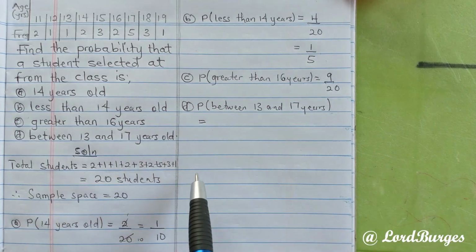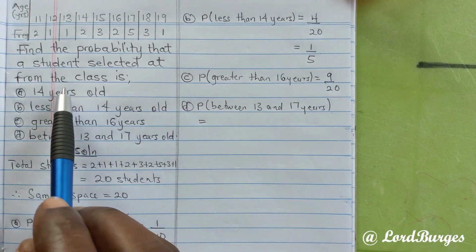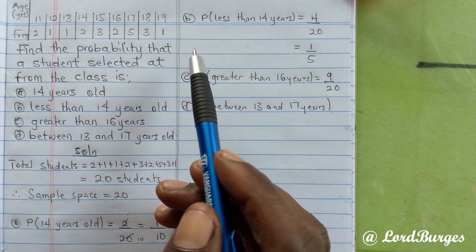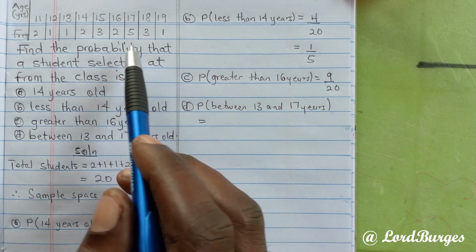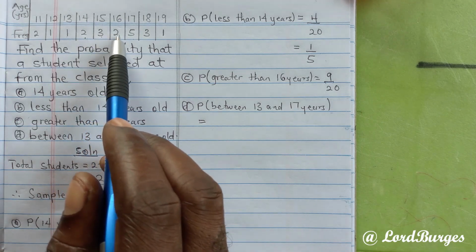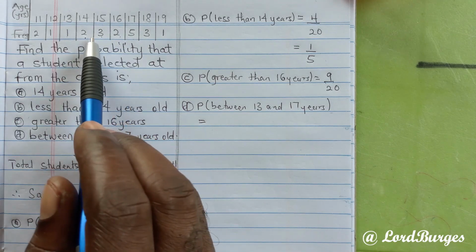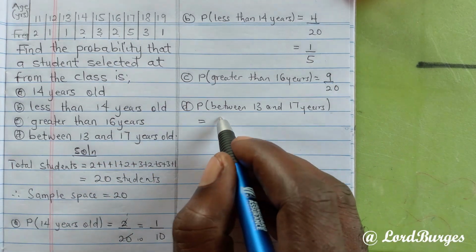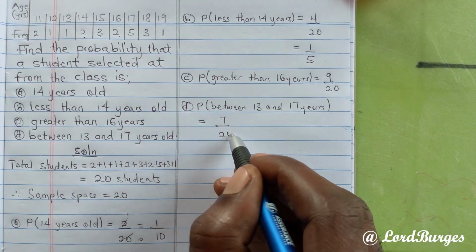Will be equal to, let's look for those who are between 13 and 17. So they fall within the range of 14, 15, and 16. So 2 plus 3 plus 2 gives us 7 out of 20.